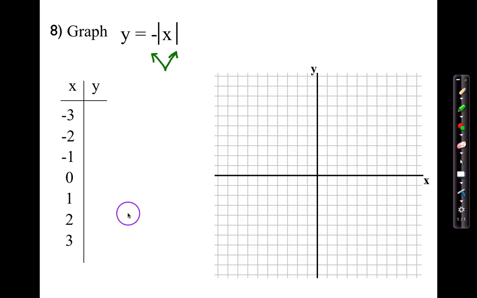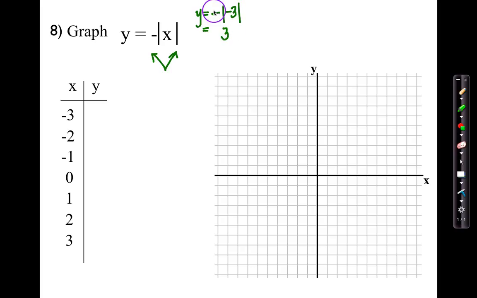So now I'm just going to go ahead and plot. I'm going to figure out what my y values are so I can plot some points. So here, y equals, so instead of saying negative, I'm going to actually say opposite because it's going to make a lot more sense for these types of problems. The opposite of the absolute value of -3. So what's the absolute value of -3?